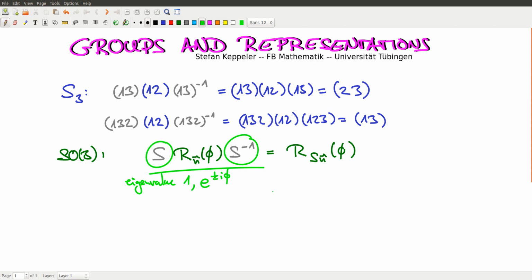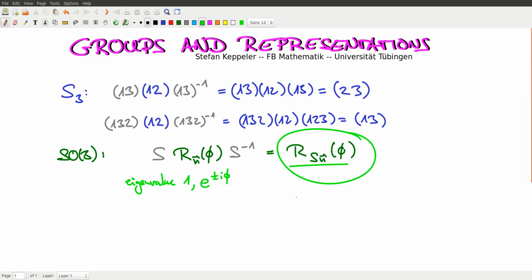The characteristic polynomial wouldn't change under this operation. So we have the same eigenvalues over here, which means that this is also a rotation matrix about some axis, the axis we don't know yet, but the same angle, because the angle is just the angle here from the eigenvalues. Okay. What about the axis?